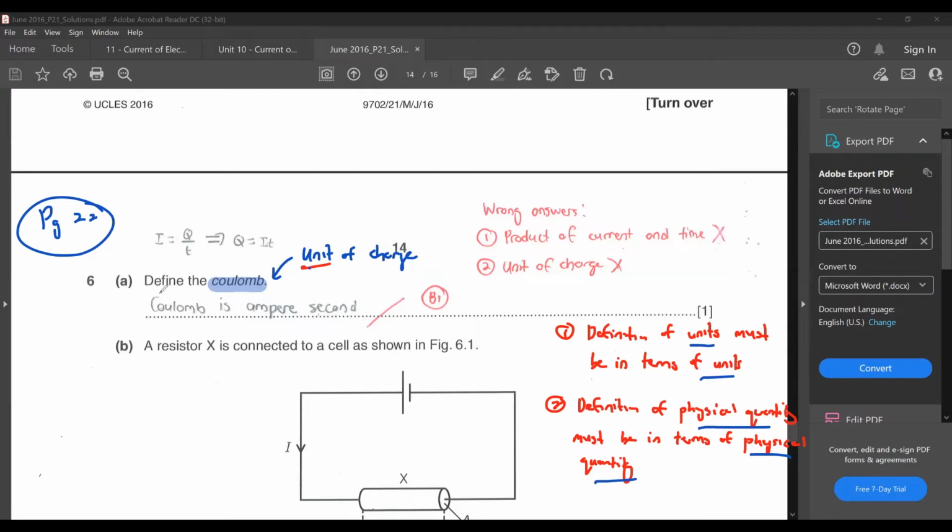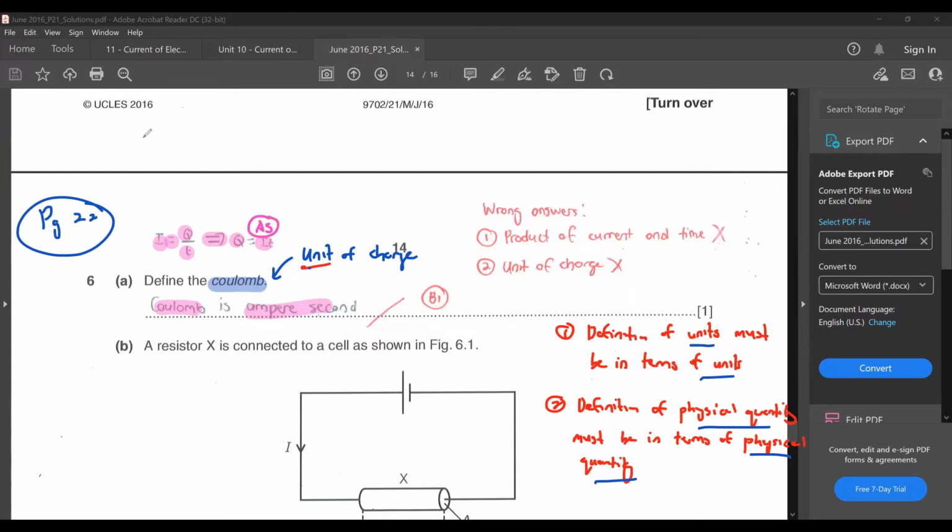Okay, so here, if they ask you to define the Coulomb, we know it's unit of charge. The equation for that has charge inside, the easiest one is I equals Q over T, such that Q is IT. So in your case here, you will just say Coulomb is ampere second. All right.